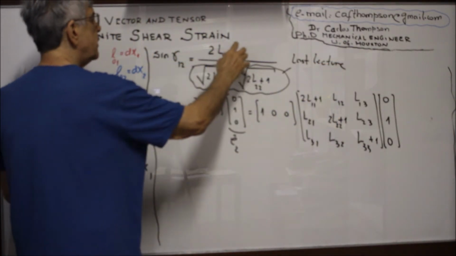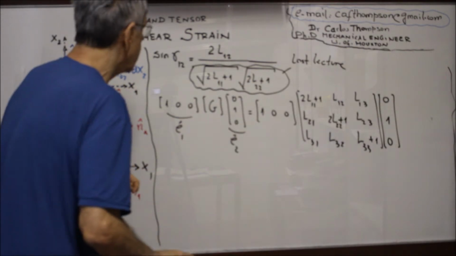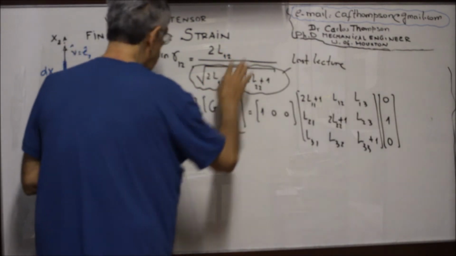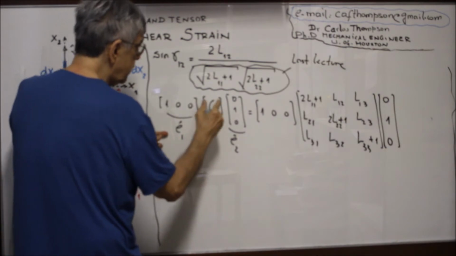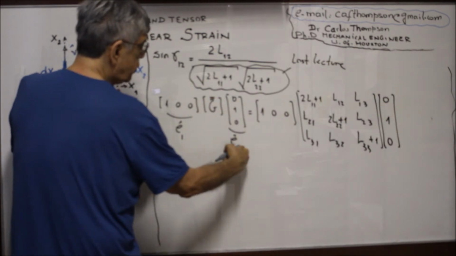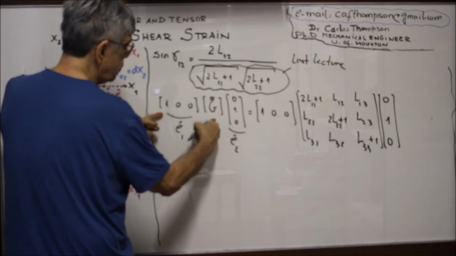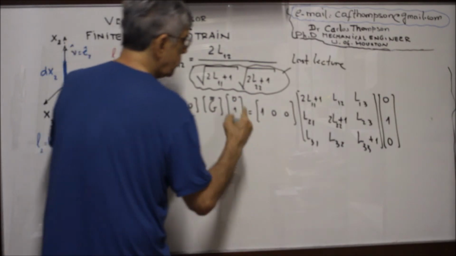Now the numerator is 2L12. So why is 2L12? Because it's E1, G, E2, that is 1 0 0, G, 0 1 0.